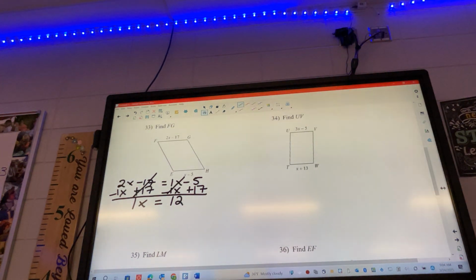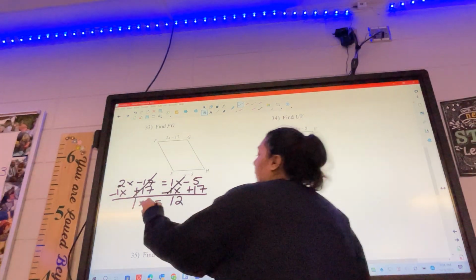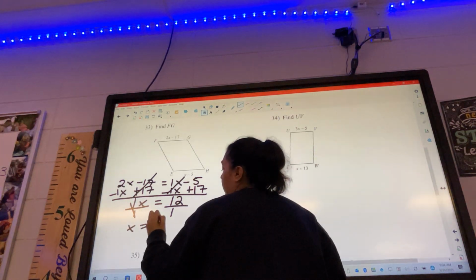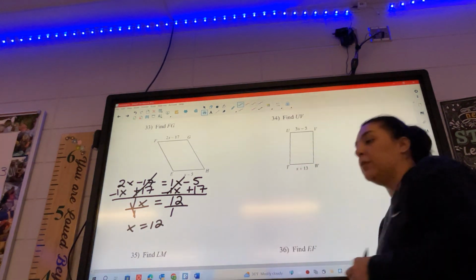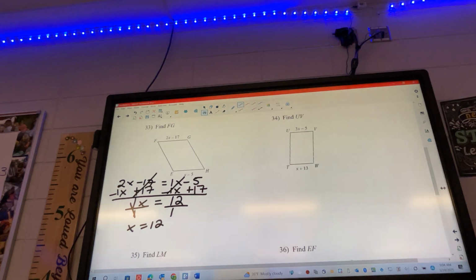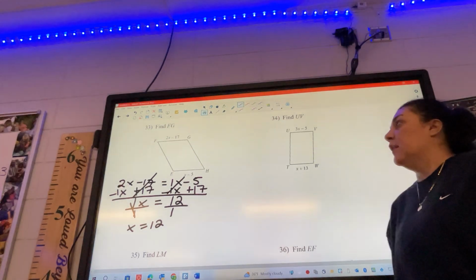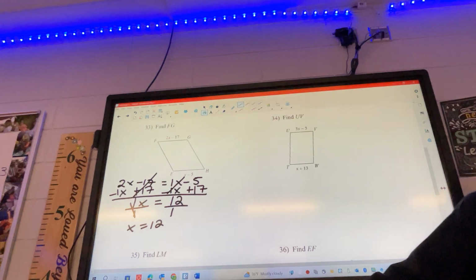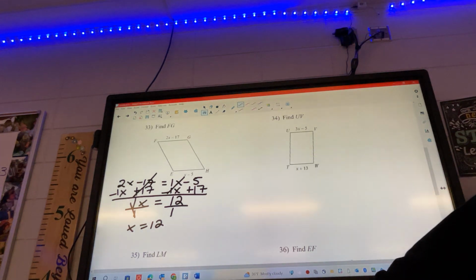And then what? I'm going to say divide by 1, but I know some of you don't need to, but that way somebody has it on their sheet when they look back. Then we need to plug into what? 2x minus 17. However, which one is easier?